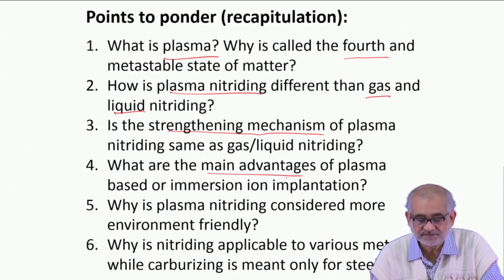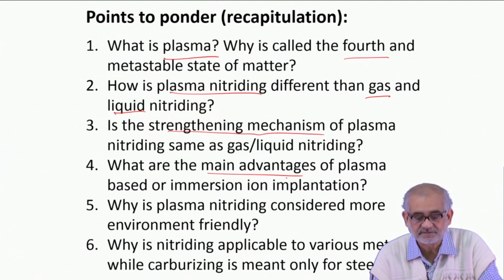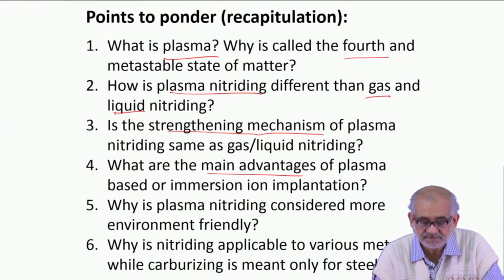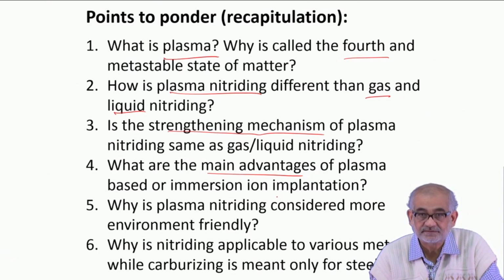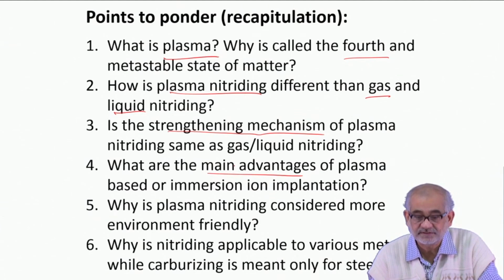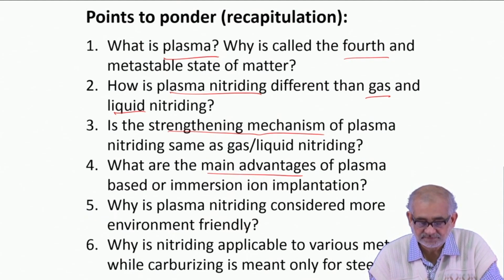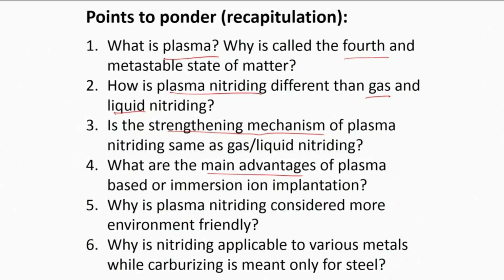The main advantages: we had a very nice comparison between gas nitriding and plasma nitriding. And we also realized that plasma based or immersion ion implantation offers us a non-line of sight process of implantation, and hence it is a very huge advantage. This is environment friendly plasma nitriding because of the lack of emission of NOx or greenhouse gases.